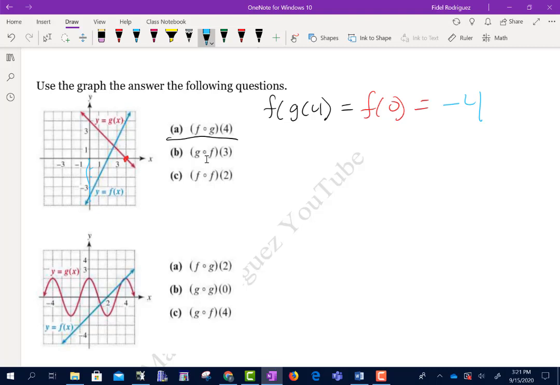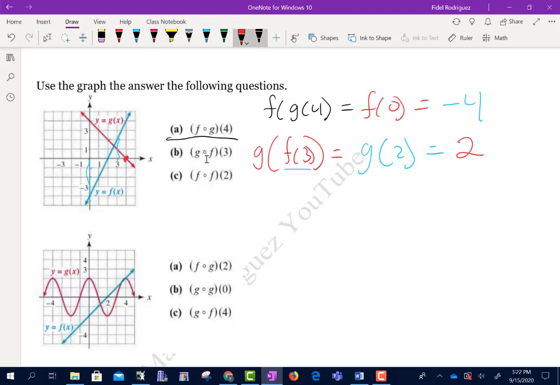All right, let's do part B. Part B says we're going to find g of f of 3. So f of 3, f is the blue function, right? At 3, the y value appears to be 2. So g of 2. And now the red function, when x is 2, y happens to also be 2.